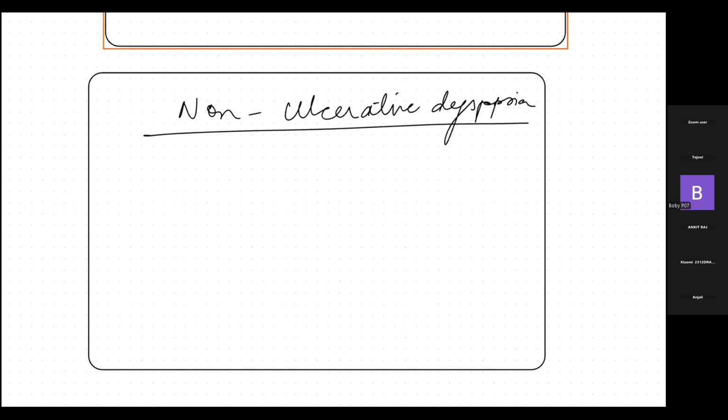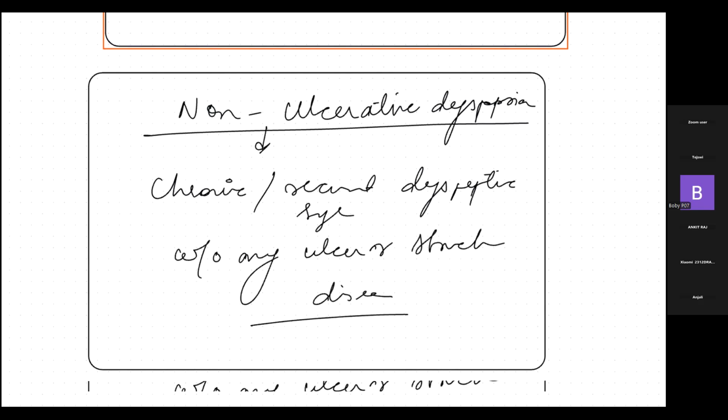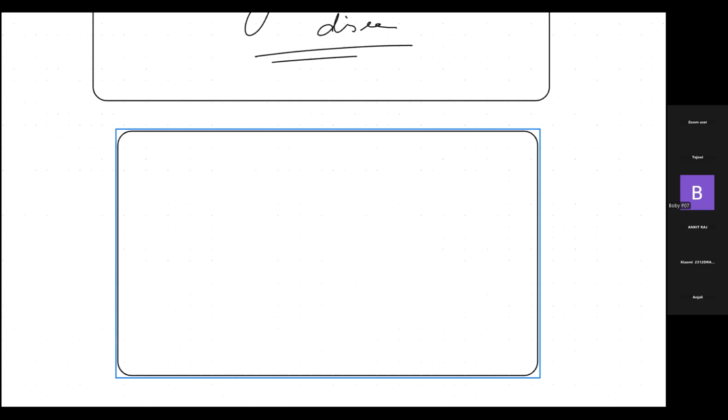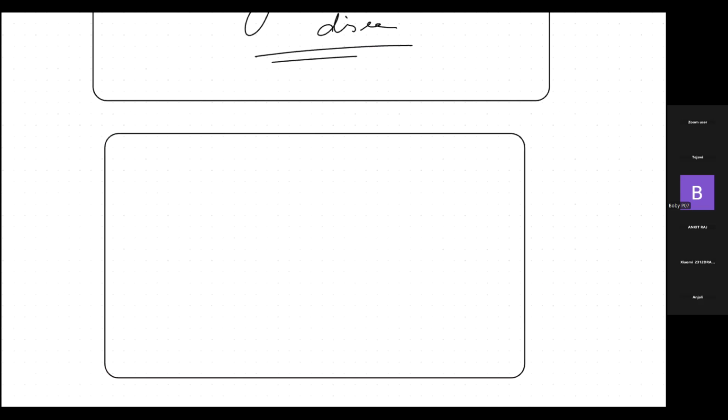So what is it? It is basically chronic or recurrent dyspeptic symptoms without any ulcer or structural disease. Now the causes: actually, we don't yet know the cause of this non-ulcerative dyspepsia, but it is said it can be multifactorial, one or two factors, or maybe multiple factors.